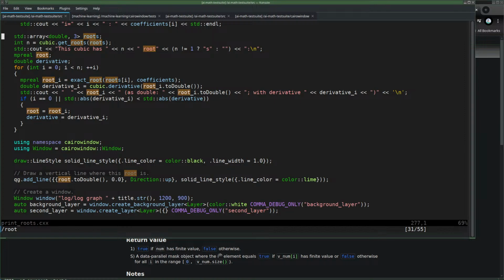God, at least now I understand. I'm gonna leave it like this. It just picks another root based on that. This one looks specifically for the one with the smallest derivative.